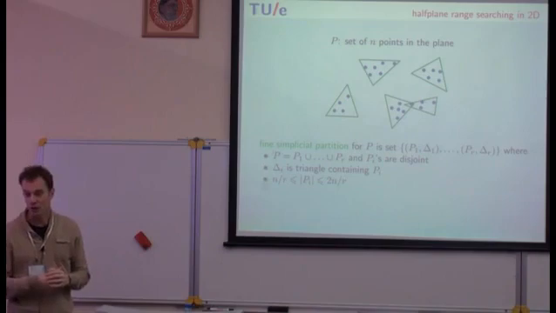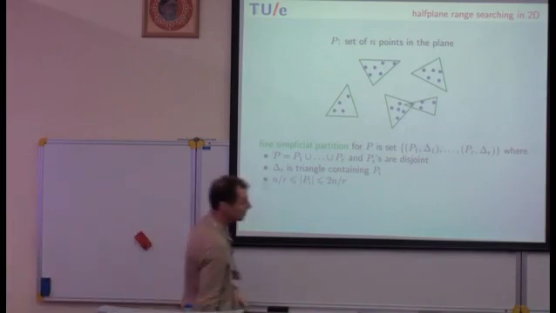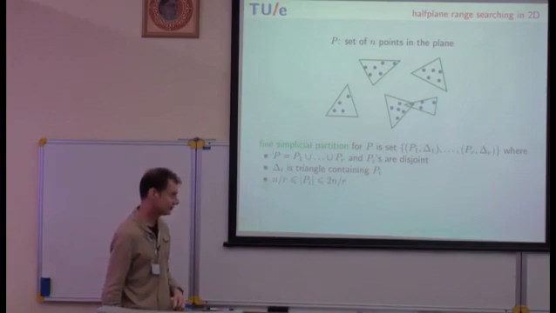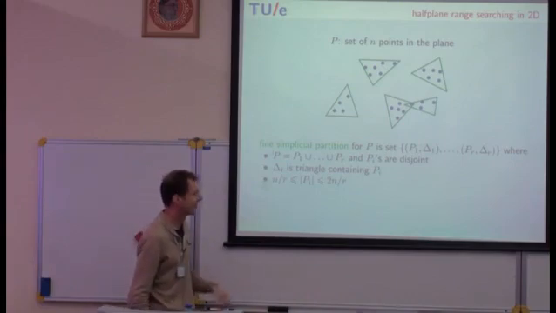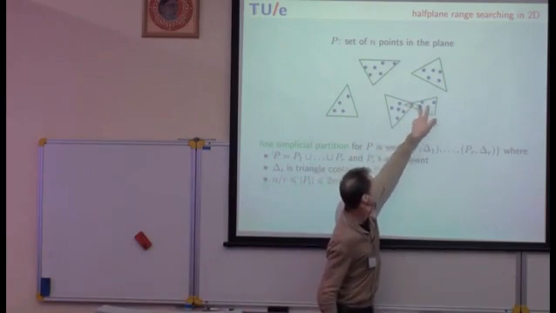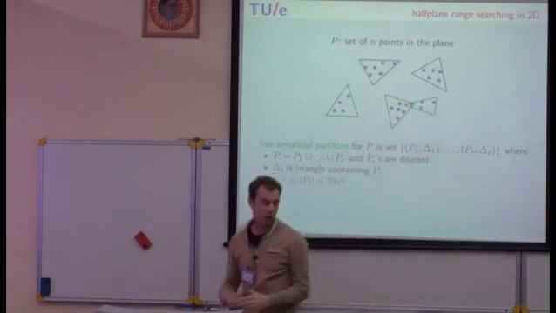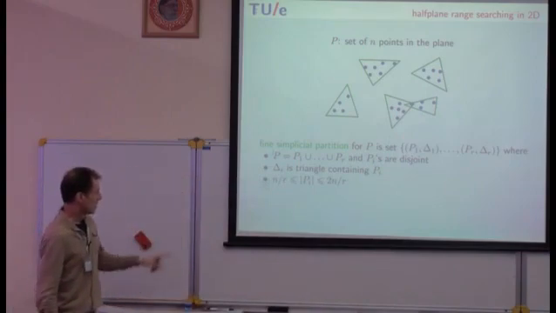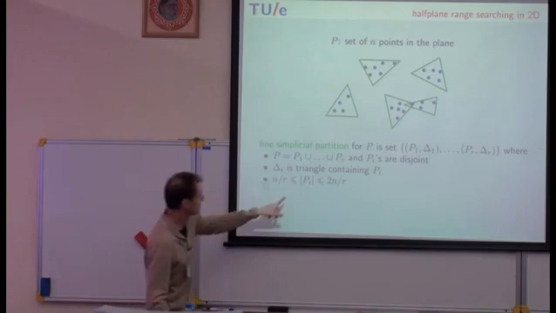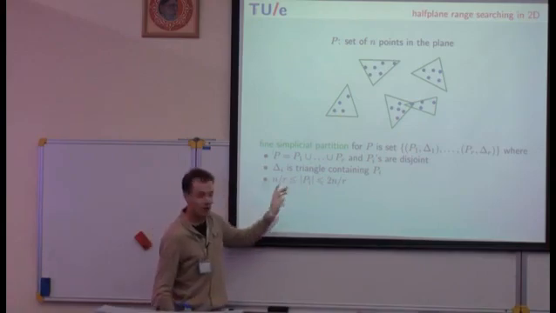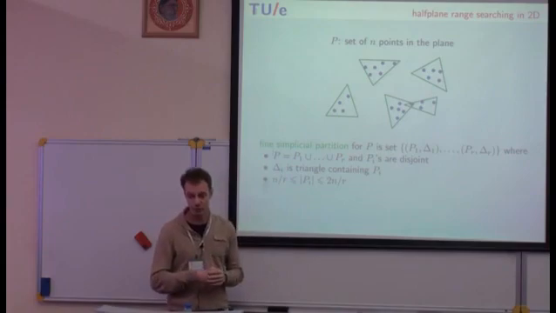Maybe the triangles can intersect. And so this point is maybe in this subset, so it belongs to this triangle, or it could be in the other one, doesn't really matter. And I also want that each point set contains roughly the same number of points.